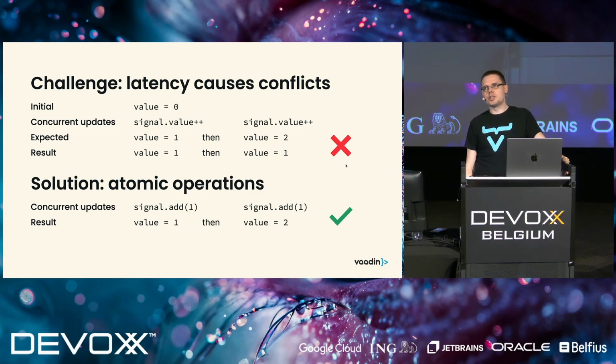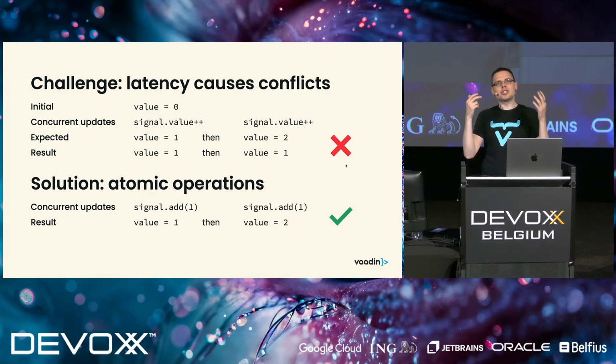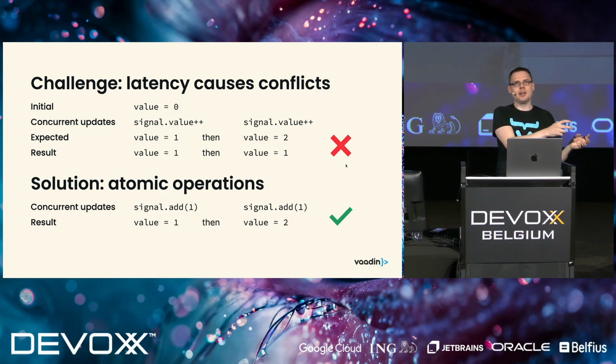So far, I have only shown very, very simple signals, very simple UI state. It's only numbers. And with numbers, it's these arithmetic operations that cause conflicts. With different data types, like if you got a list of things, the standard way of updating a list with React or Angular or Vue is that you create a new list which contains all the old items and then that one extra item that you wanted to add. And this will again cause conflicts because then you create a whole new list and you replace the previous one.